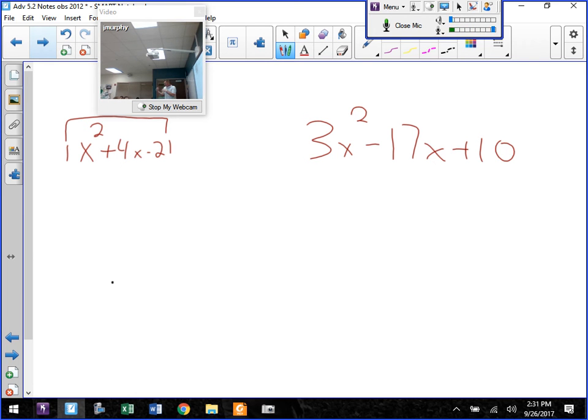So this process that we've been doing doesn't change. We were multiplying our tails, A and C, to figure out what adds to B. What changes now is that the A value isn't a 1, here it is a 3. What's 3 times 10? 30. What times what is 30, positive 30, that you add together to get -17?